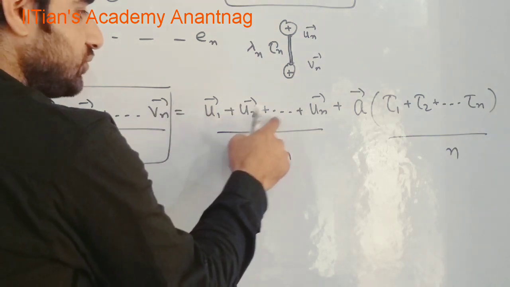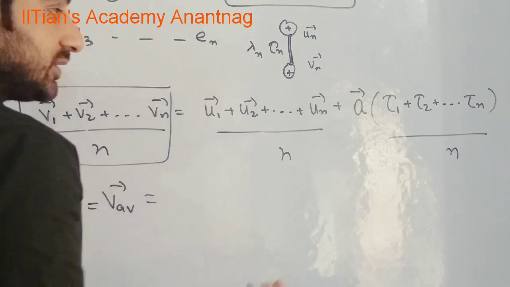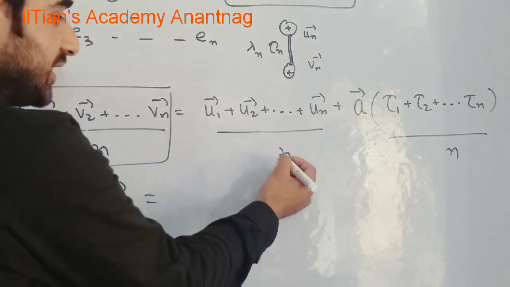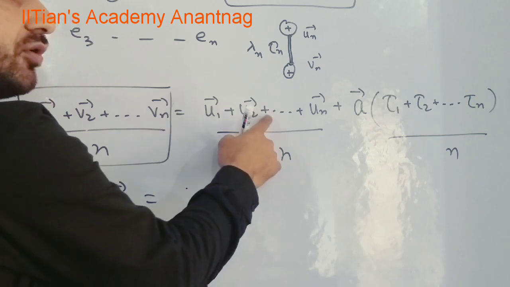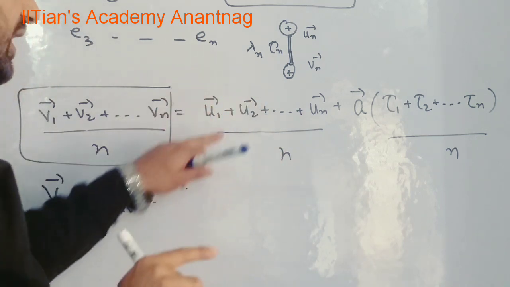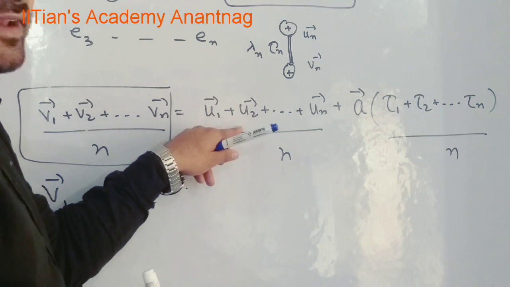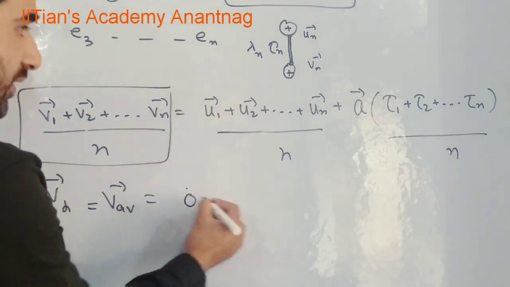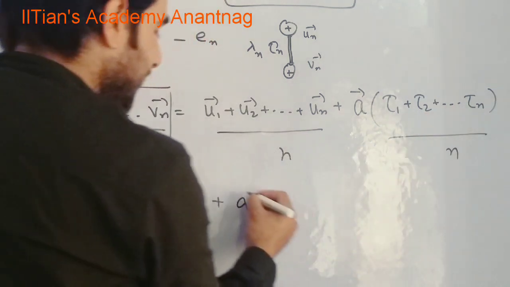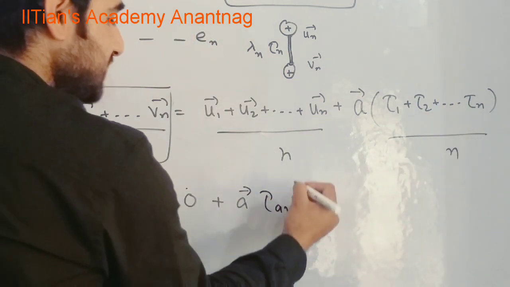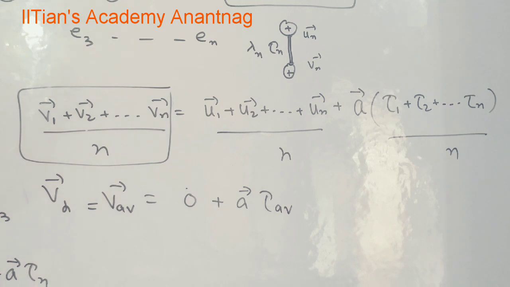Now U1 plus U2 up to Un are the thermal velocities of n electrons. Divided by n, that is the average thermal velocity. And we know, as I discussed in my first lecture, that the average thermal velocity of n electrons is 0. Plus a times tau 1 plus tau 2 plus tau n divided by n, which is what we call the average relaxation time of n electrons.